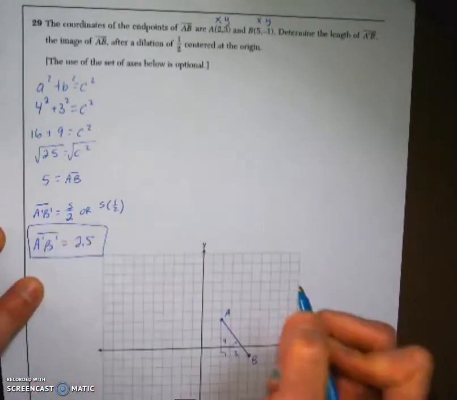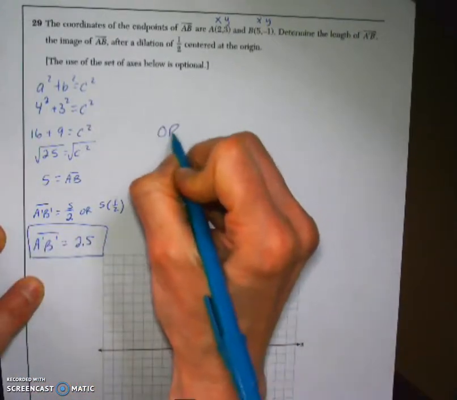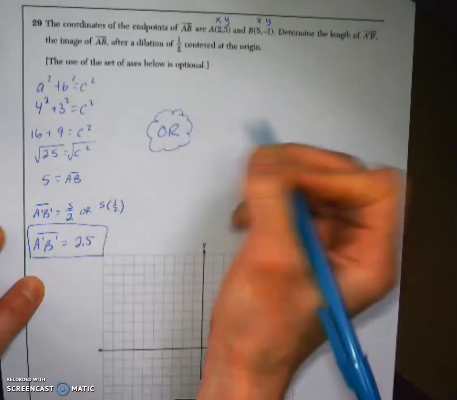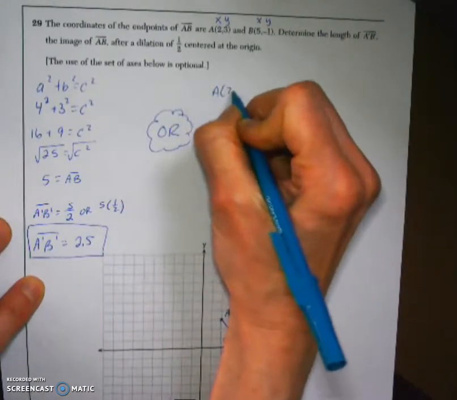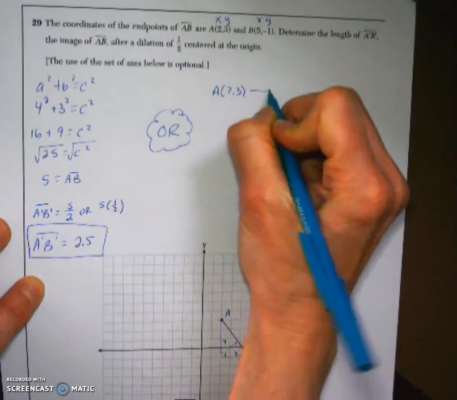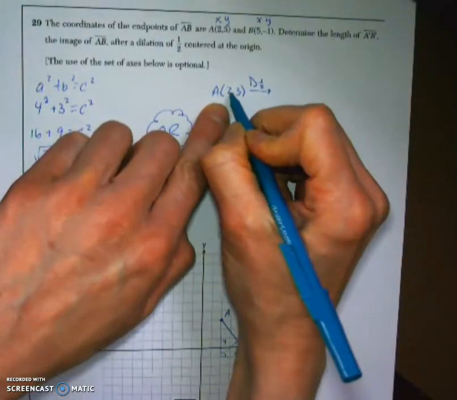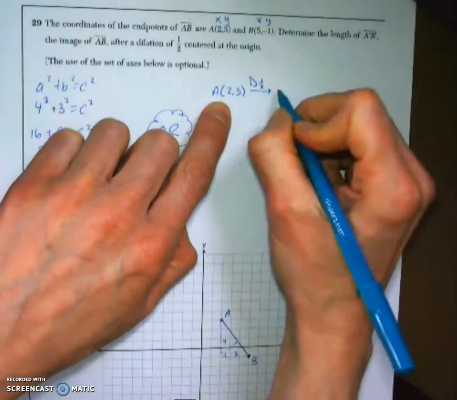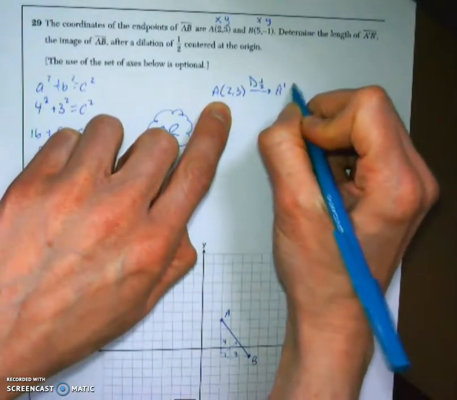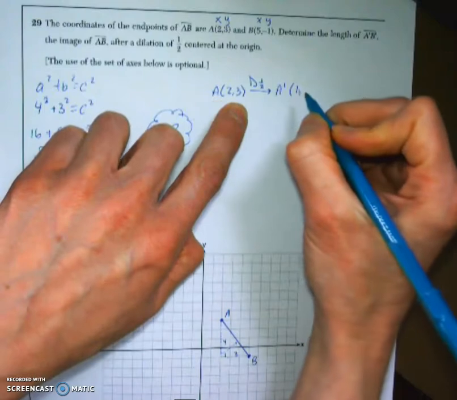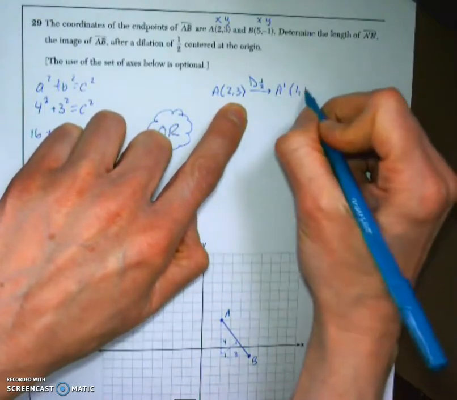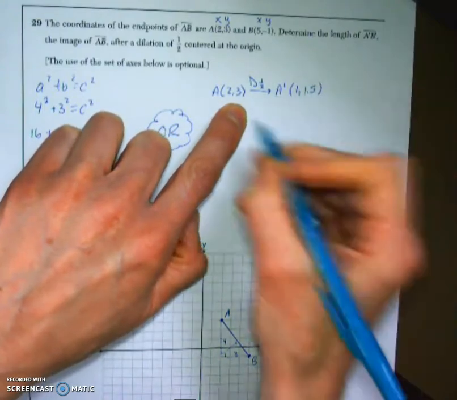Now that's one way of doing it. You could have said if we take point A at 2, 3 and we dilate it by a half, that means we're going to multiply each of these numbers by a half. Half of 2 gives us A prime at 1, half of 3 is going to be 1.5.